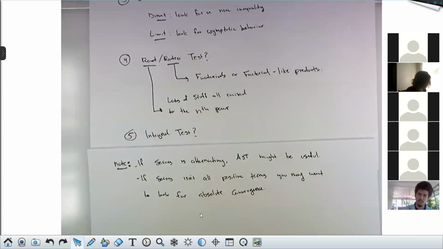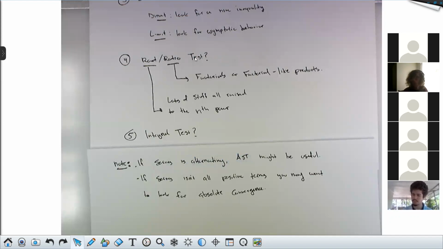Most of these tests only apply to series with positive terms. The comparison tests only apply to series with positive terms. The integral test only applies to series with positive terms. The alternating series test only applies to series that alternate perfectly, like plus, minus, plus, minus. If you have an alternating series, then AST might be the way to go.